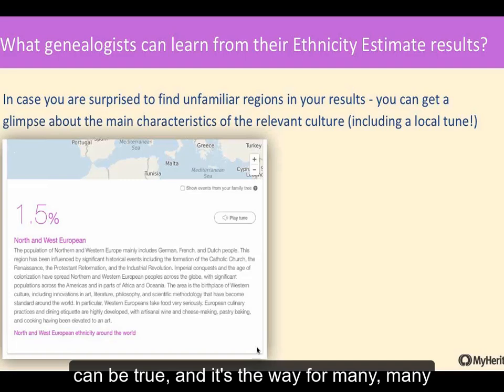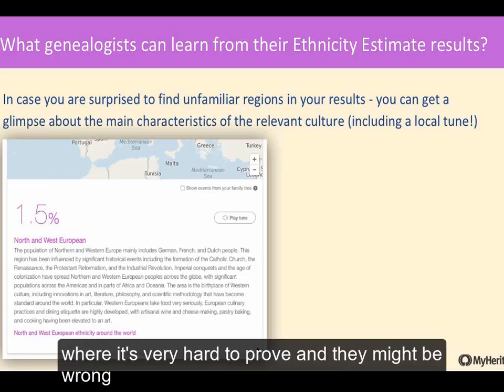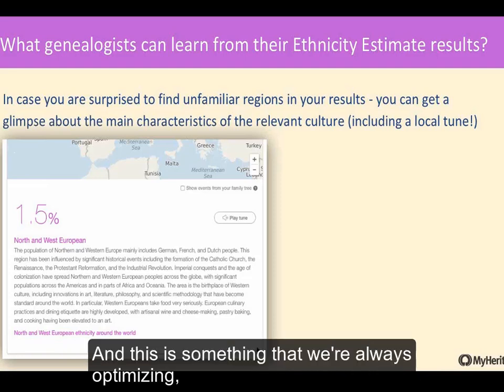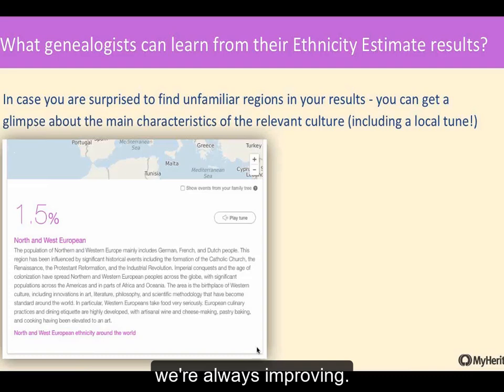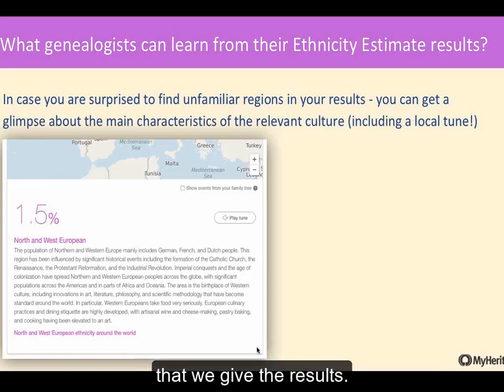I have many examples like that. And there are examples where it's very hard to prove and they might be wrong because their confidence is a bit less low. And this is something that we're always optimizing, always improving, and we're very transparent. Every time we're working very hard to make sure that we give the best results.